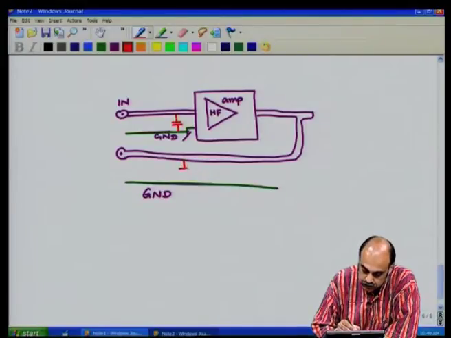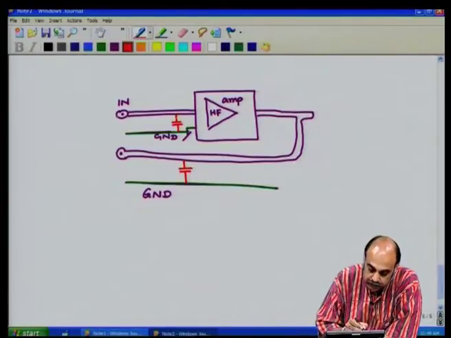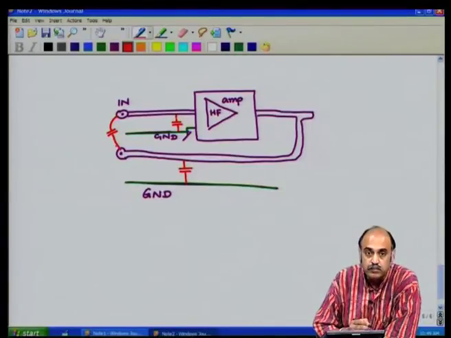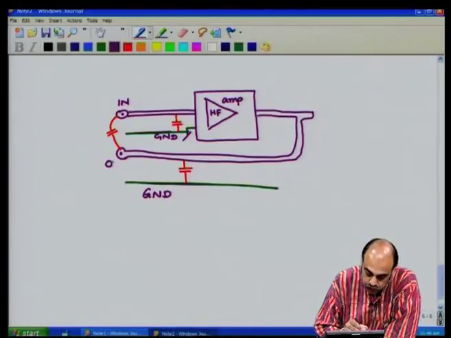Not only that, you could also have a parasitic capacitance between these two tracks, the input track and the output track.